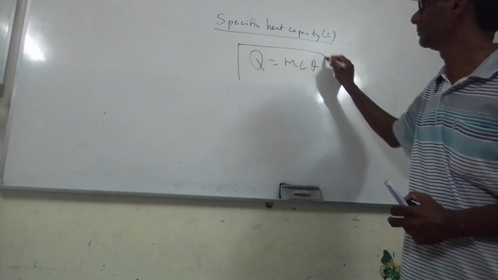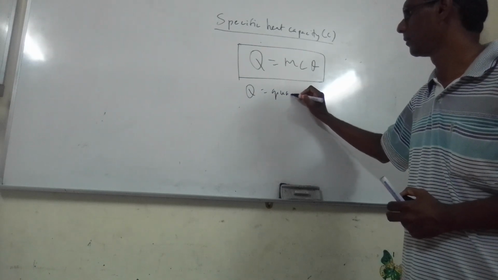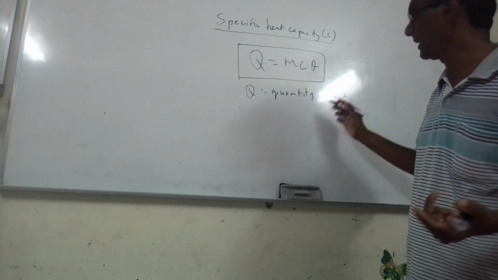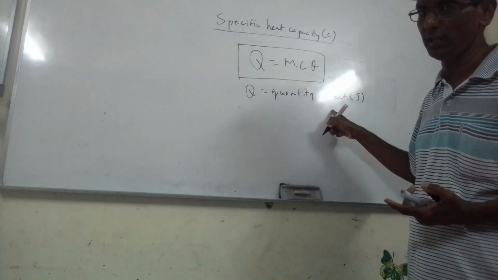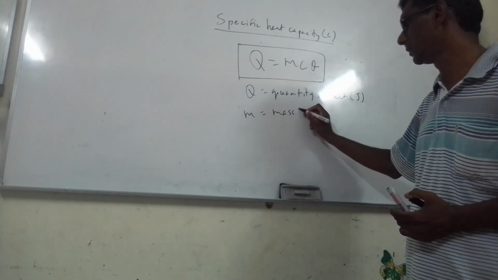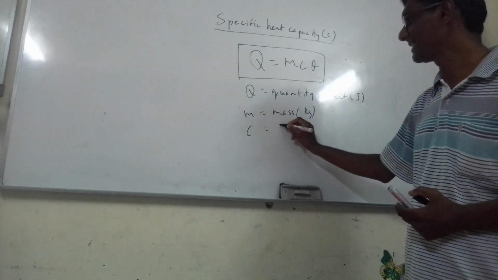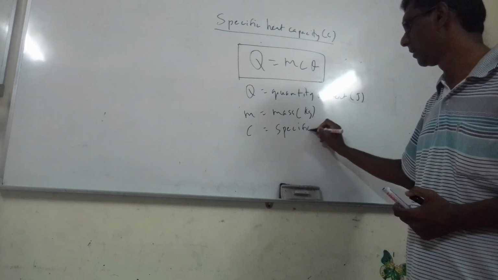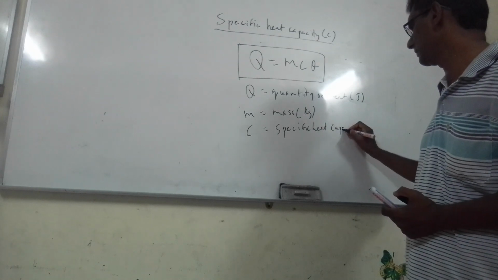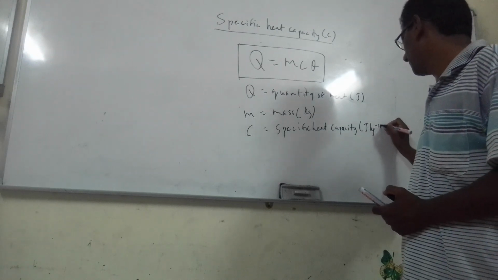What is the meaning of this? Q means quantity of heat energy, measured in joule. m equals mass, measured in kilogram. c means specific heat capacity, and the unit is joule per kilogram per degree Celsius.